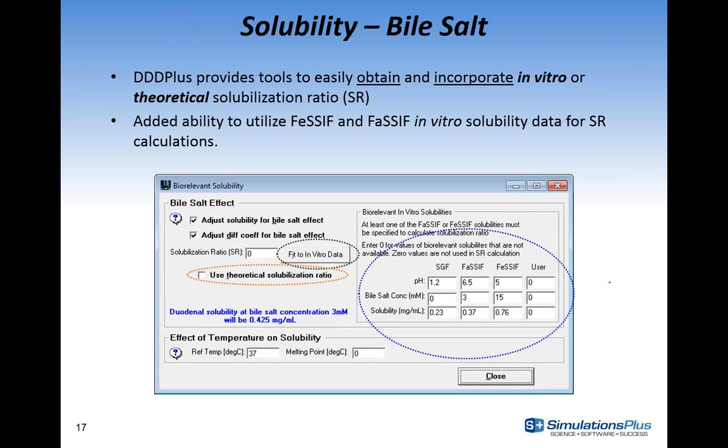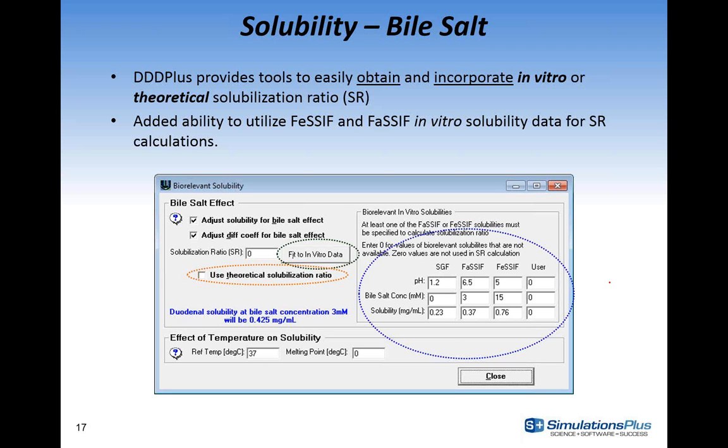Additionally, we've synchronized the bile salt treatment in DDDPlus so that it provides the same easy-to-use tools as GastroPlus to calculate the theoretical solubilization ratio. We've added the ability to utilize in vitro FESF and FASF solubility data and automatically calculate solubilization ratio.